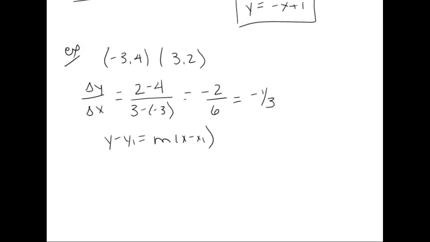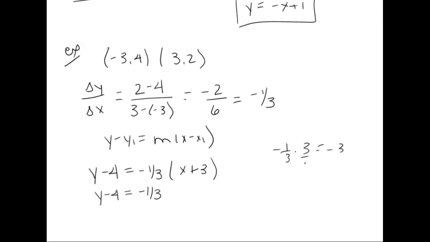If you're not writing this formula over and over again, you should be, so that it becomes super familiar and you can just grab it anytime you need it. So typically I just grab the first point, y minus 4 equals my slope, -1/3, times x plus 3. Remember, it's a minus minus here, and that makes it plus. Now I'm going to solve this. -1/3 times 3, multiply across, you get -3 over 3, which is just -1. And then I add 4.